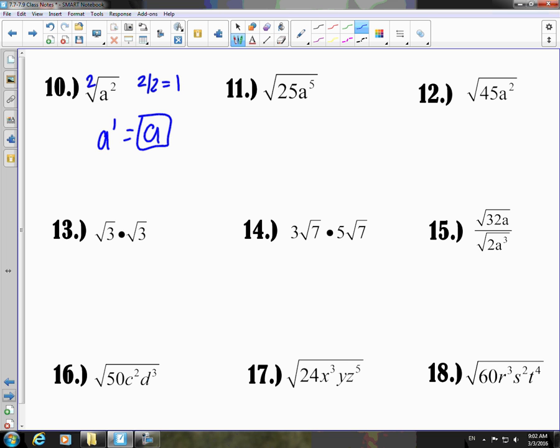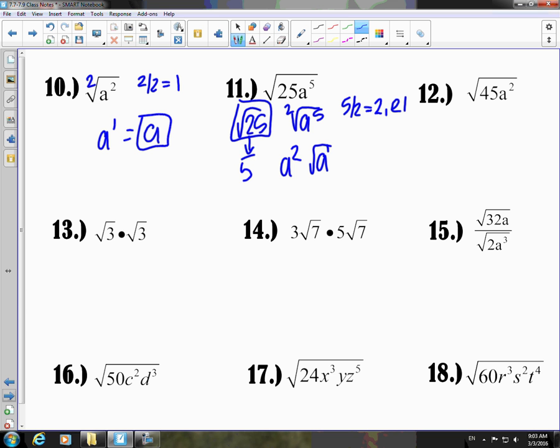Okay, number 11 has 2 pieces, so I'm going to break that up into the square root of 25 and the square root of a to the 5th. Well, the square root of 25, that is actually off of your sheet, so that's just 5. And then again, there's a little 2 sitting right here. So 5 divided by 2 is 2 with a remainder of 1, which means that a squared will come out and then 1 will still be left inside because your remainder of 1 stays inside the square root.